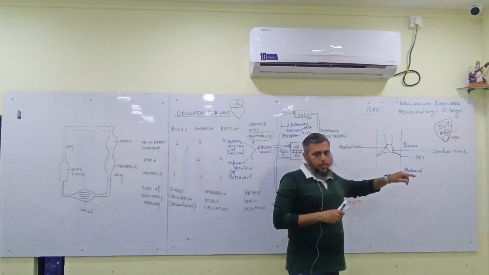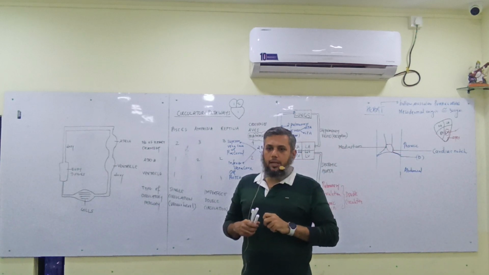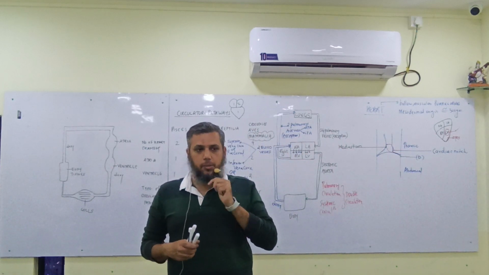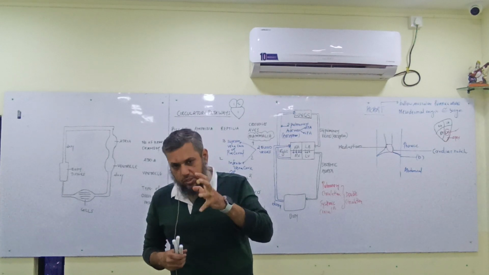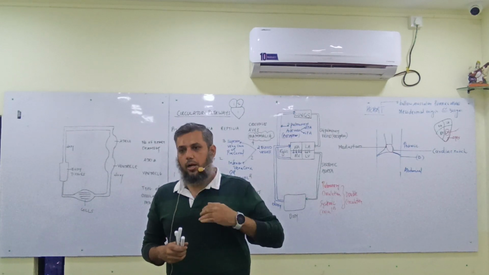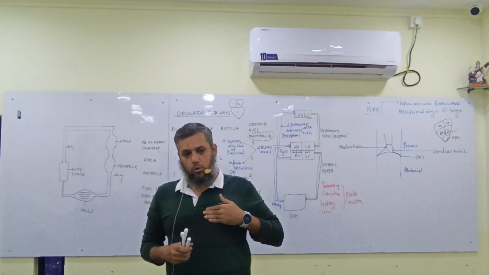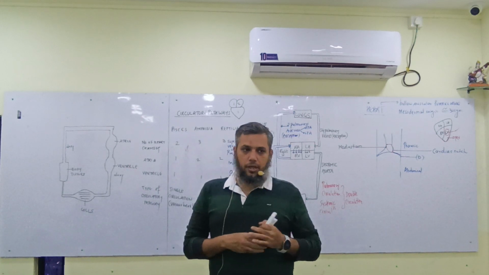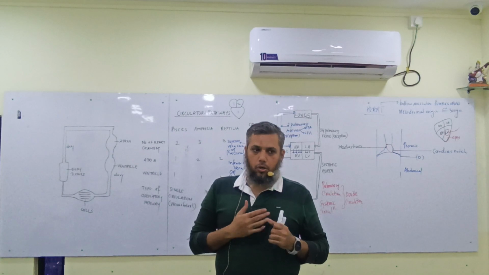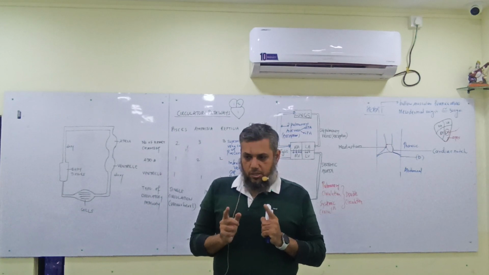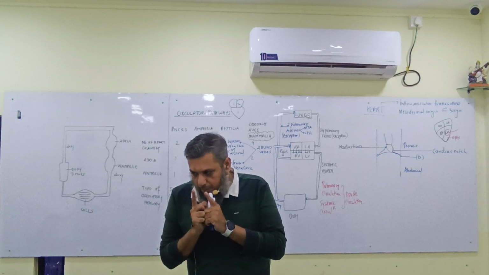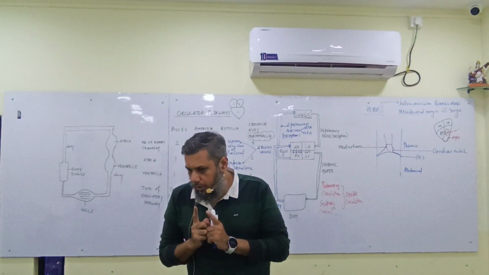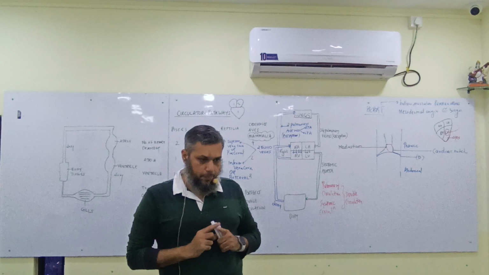As the apex of the heart is made of the left ventricle, and the left ventricle is the strongest chamber of the heart, when it undergoes contractions and relaxations, you feel the heartbeat on the left side of the body. Why? Because the apex is slightly tilted towards the left, and it is primarily made up of the left ventricle.